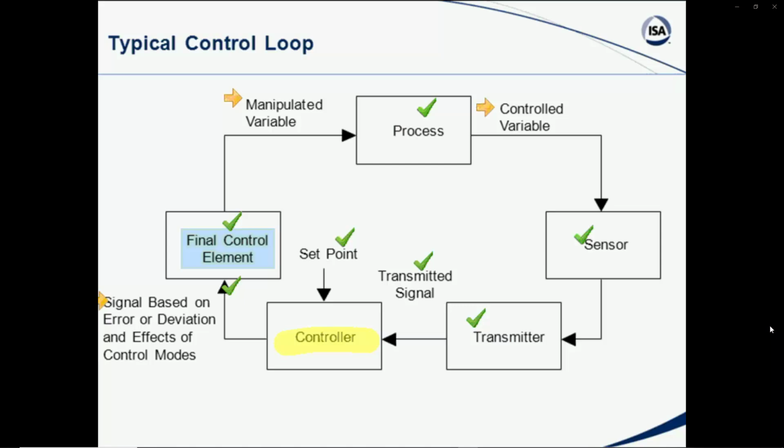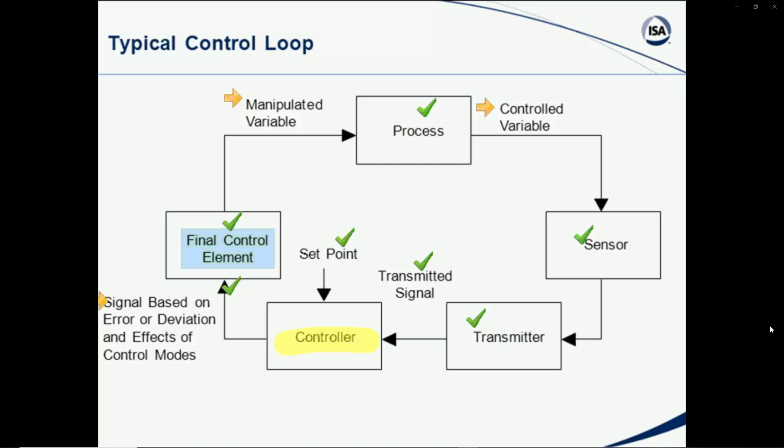It might be cooling water, steam, hot water, or another chemical, but that is added to the process to mediate any disturbances that have caused our controlled variable, which is our process variable and our measured variable, to leave its desired state as determined by the set point.